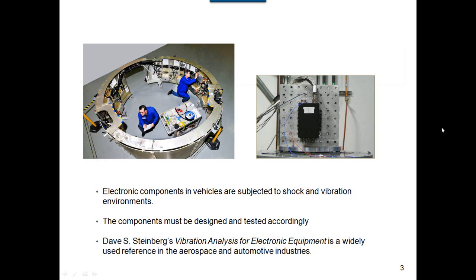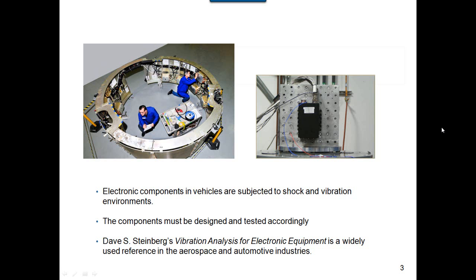And in order to make that launch vehicle fly, there needs to be telemetry transmitters, C-band transponders, flight computers, battery boxes, pyro driver units, flight termination logic units, and a whole array of additional avionics components. And the concern is that during powered flight, those avionics are going to need to withstand shock and vibration environments. So obviously they must be designed and tested accordingly.